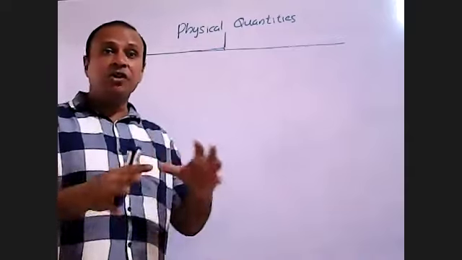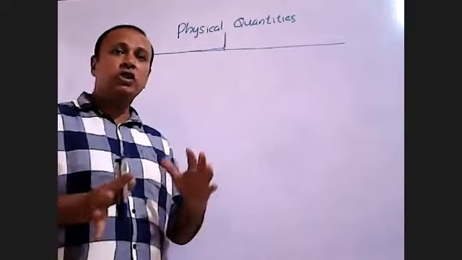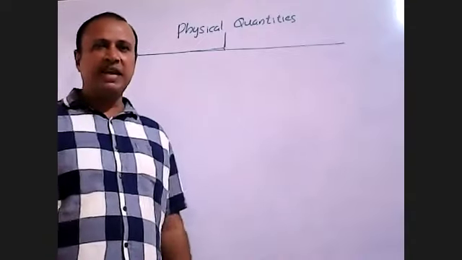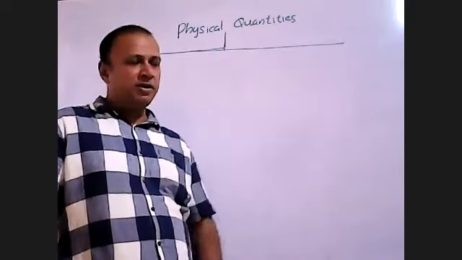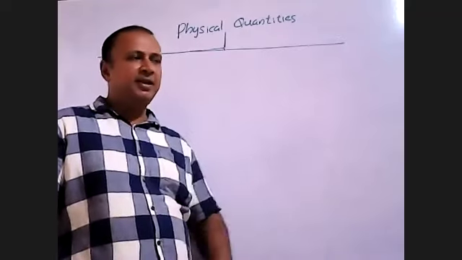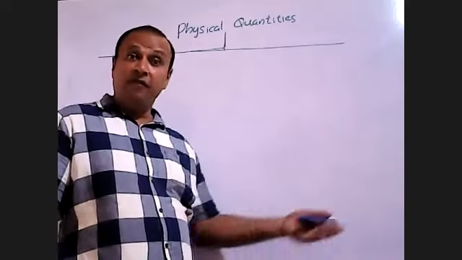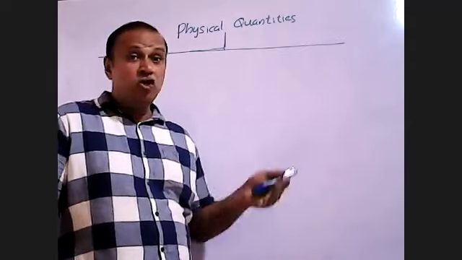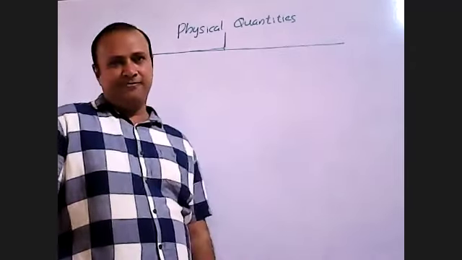Therefore, those kind of physical quantities have both unit and dimension. Most of the physical quantities have both unit and dimensions. But some physical quantities, something like refractive index, relative density, then coefficient of friction, efficiency, those kind of physical quantities do not have any unit or dimension.